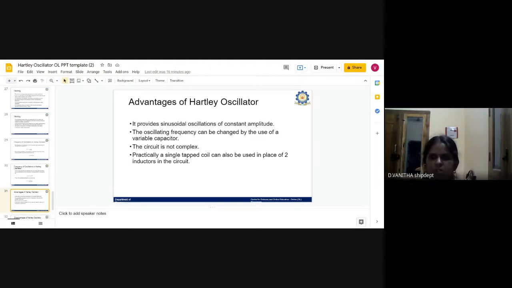The circuit of the Hartley oscillator is not a complex one. Practically, a single tap coil can also be used in place of two inductors in the circuit.